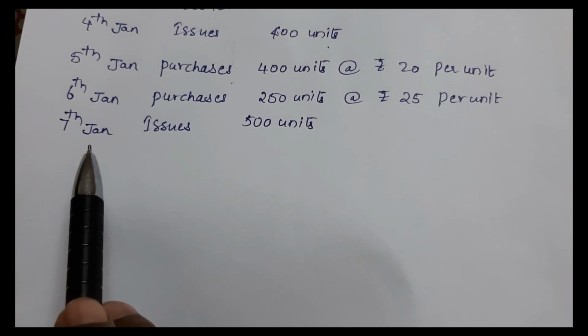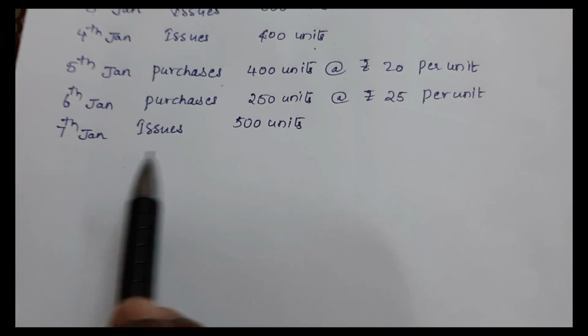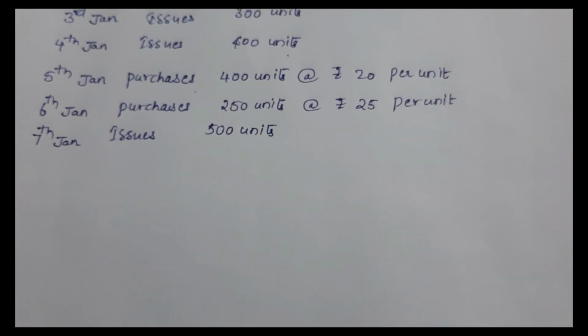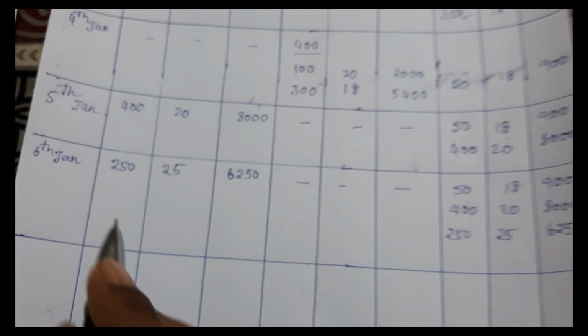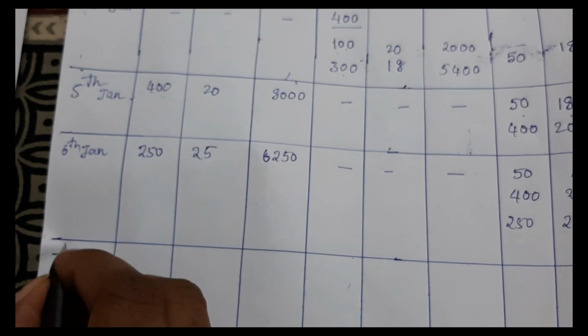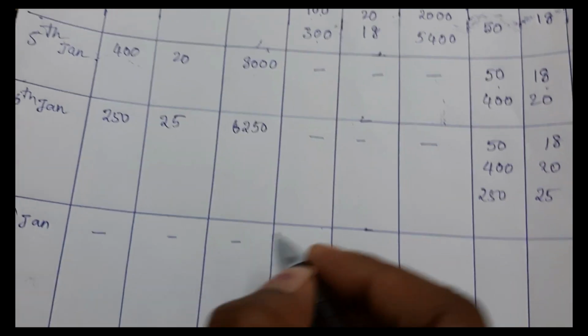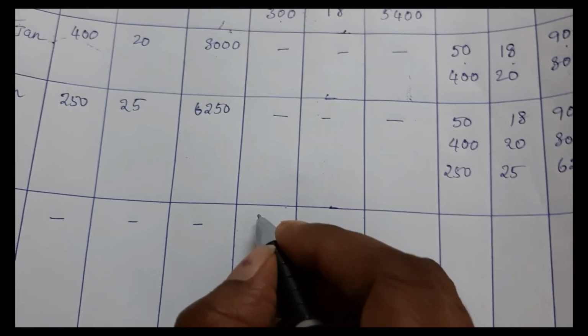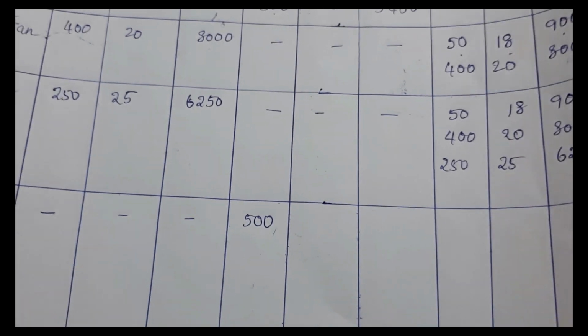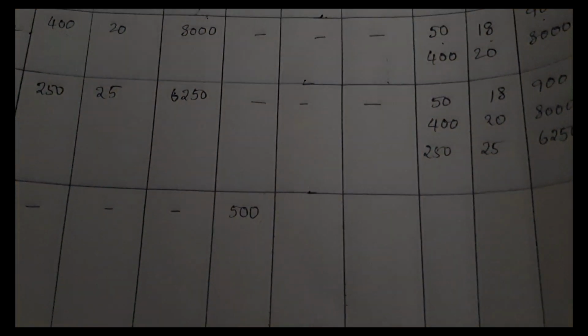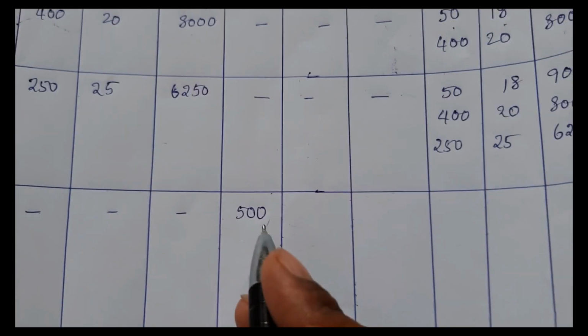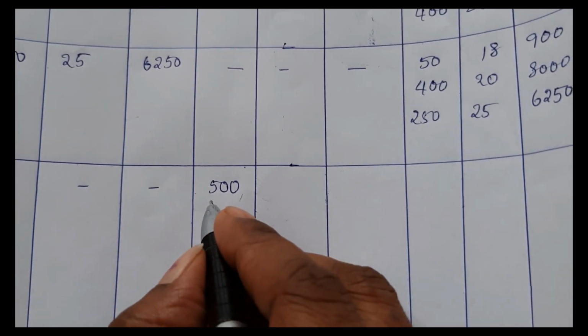We'll see the last transaction. 7th January, issues 500 units. 7th January, your receipts column will be blank and you have to issue 500 units. How do we issue this 500 units?